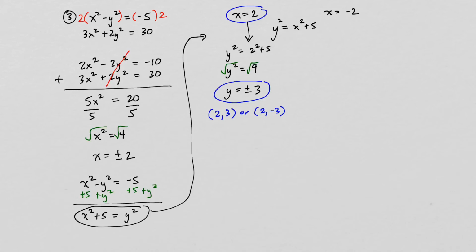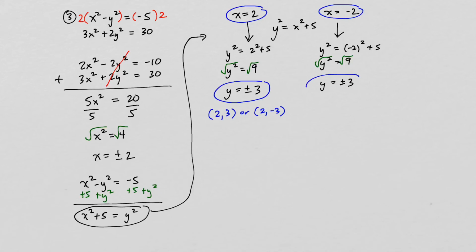Then we do the same thing with x equals negative 2. So we're going to plug that into our equation. Y squared will be negative 2 squared plus 5. Well, this is also 9. And if we take the square root of both sides, we end up getting y equals plus or minus 3.